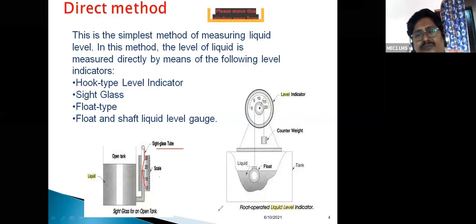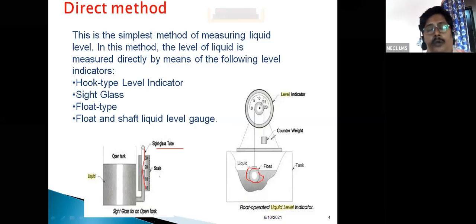This is a direct method. And the float, see here, we are arranging a float or a bob. Here, at one end of the rope a float is attached, and at the other end we add a counterweight to make the rope tight. The rope is carried by a pulley.